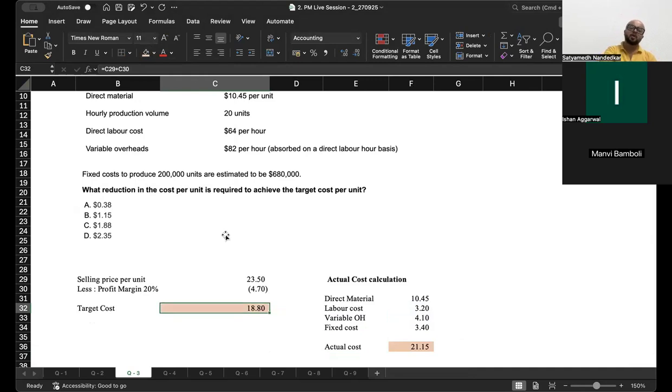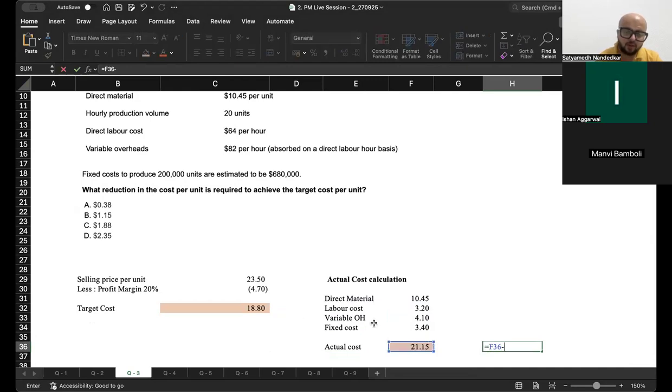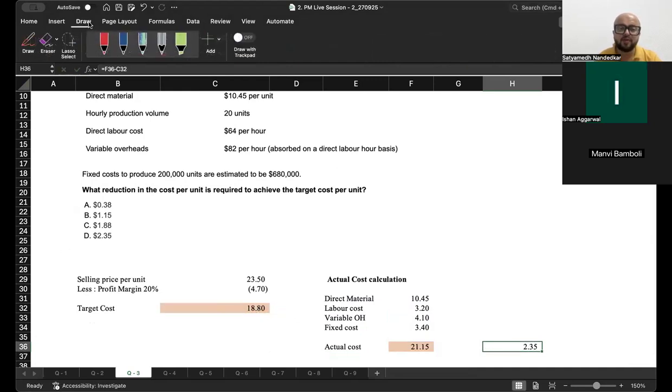So what reduction in cost per unit is required? 21.15 minus 18.8. You need a reduction of 2.35 in cost per unit in order to bridge the target cost gap. You need 18.8. Right now you are at 21.15. So how much of a reduction do you need to achieve? 21.15 minus 18.8.